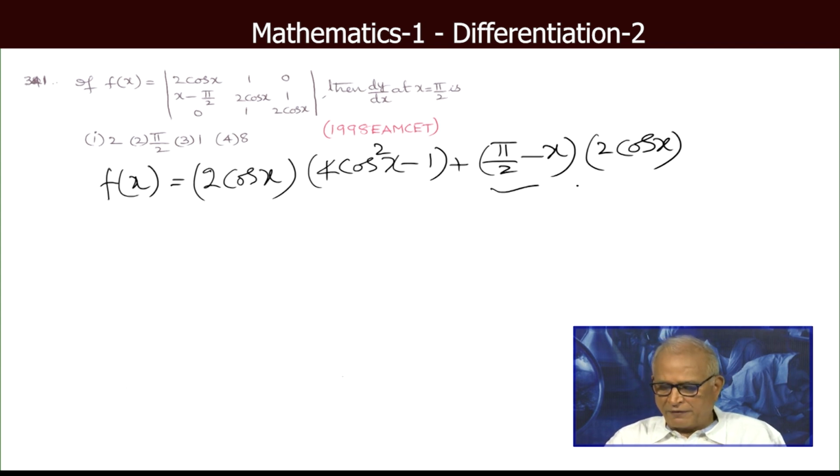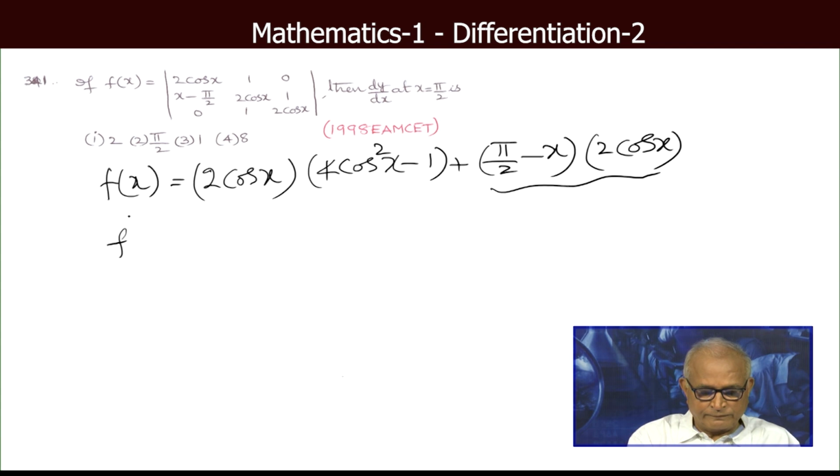When you write the derivative, you can omit this term. Why? Because pi by 2 minus x into the derivative of 2 cos x will vanish when x equal to pi by 2, plus pi by 2 minus x into plus 2 cos x into the derivative of pi by 2 minus x also vanishes because cos x will be 0 when x equal to pi by 2. So, you need not take care of the derivative of the second term. So, f dash x is f dash at pi by 2.